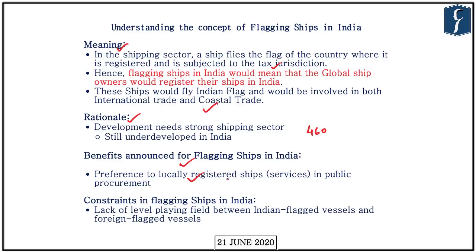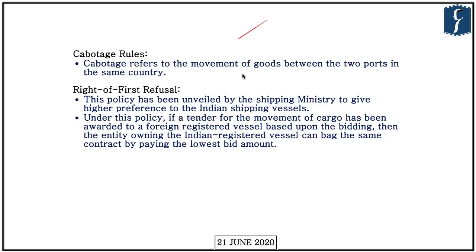So obviously the preference would be given to domestically registered companies in case of public procurement below 200 crores. Now, one of the major constraints in flagging of ships in our country is the lack of a level playing field between Indian flag and foreign flag vessels. And that is mainly on account of an unfavorable taxation regime and poor operating conditions in our country.